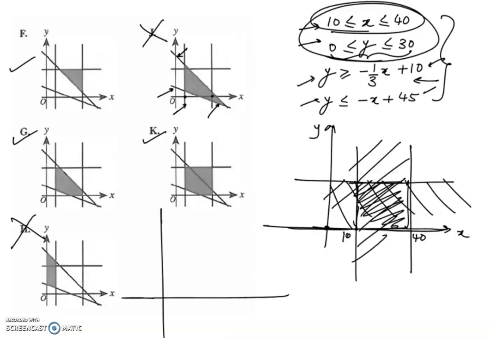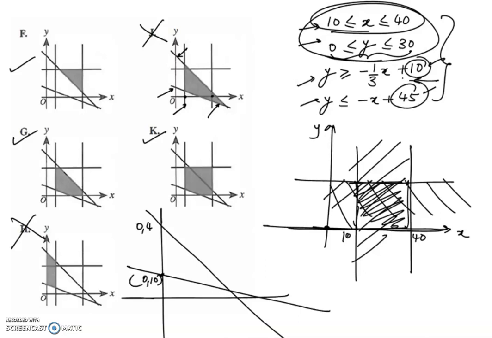That has a -1 slope, so that's going to look something like that, and this is -1/3, so that would have a shallower slope, so something like this, and its y-intercept is less than that, so that one would be 0, 10, 0, 45. So it would have this type of a format.